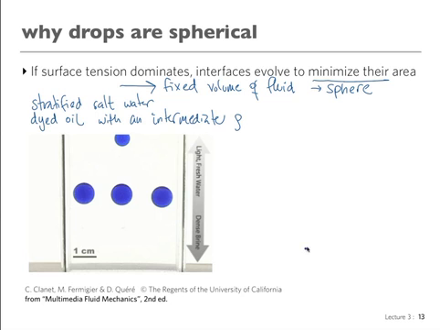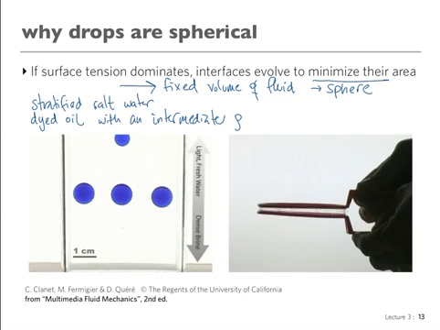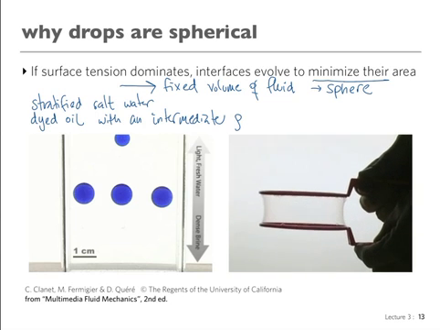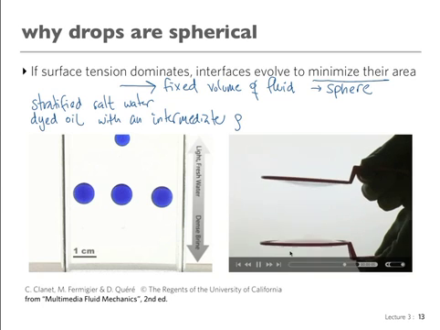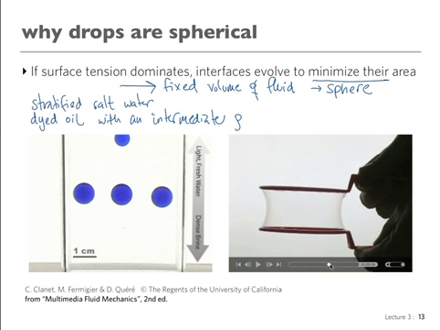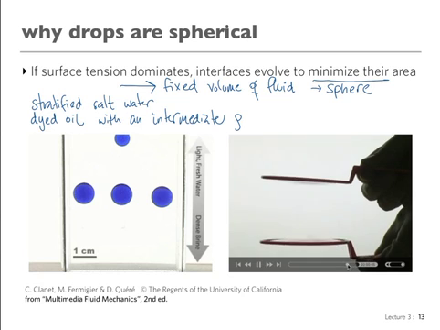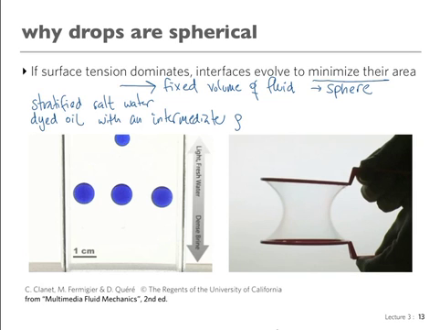Now, here's another possibility: a soap film between two rings. And look at the surface. Let me put it back here and pause it. The surface that the soap film acquires is a surface that minimizes the area.